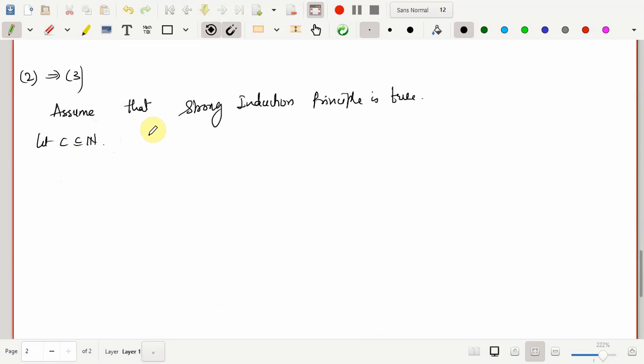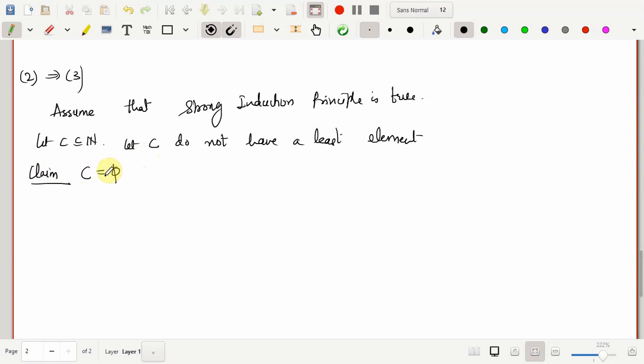We need to show that the only possibility for C is that it is empty. So claim: C is empty. The contrapositive of this is that if C is non-empty and a subset of N, then C should have a least element. So we prove it in this way using the contrapositive.